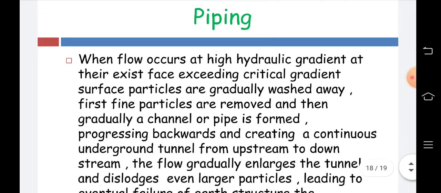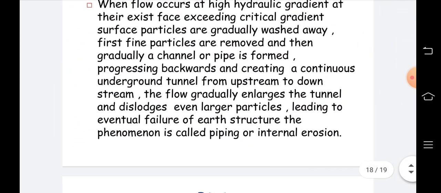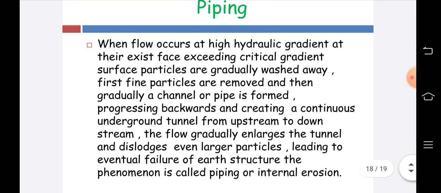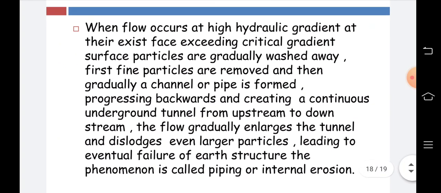Last one, the term is piping. These are the terms. Piping means when the flow occurs at a high hydraulic gradient at the exit face, exceeding the critical gradient, the surface particles are gradually washed away.